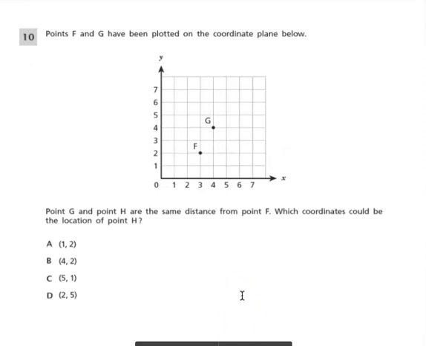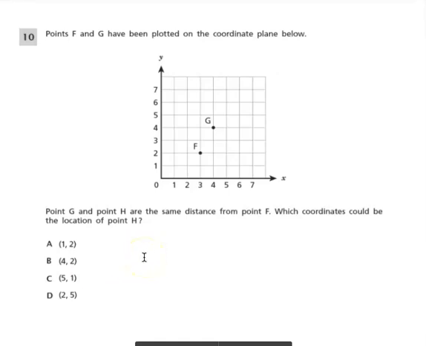Point F and G have been plotted on the coordinate plane. It's right here. So point G and point H are the same distance from point F. Which coordinates could be located for point H? So find the coordinate here, you could plot it in your paper.